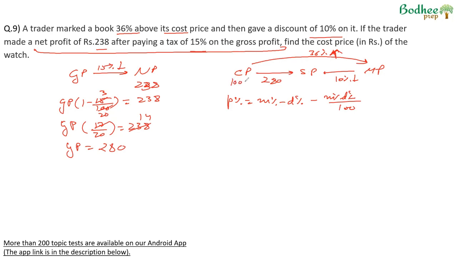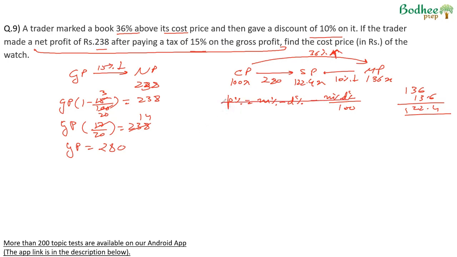I'm saying let the cost price be 100x. Increased by 36% becomes 136x. 10% of 136 is 13.6. So this becomes 122.4x. That means the profit is nothing but 122.4 minus 100.